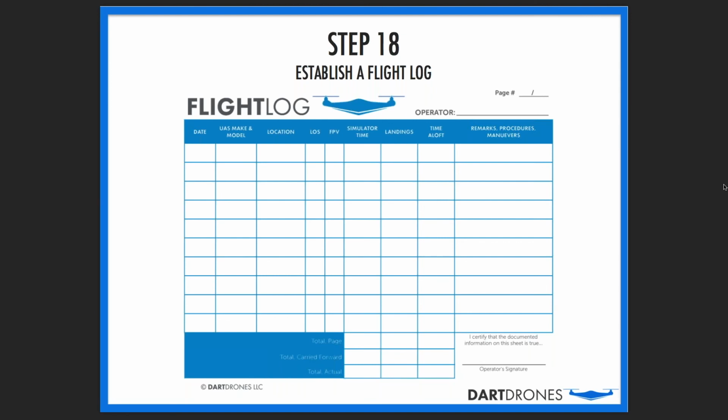Was it a daylight operation? Was it for training? Because you really want to have a log of what pilot has done what. And we're seeing this in the UAS industry in general, that we're now seeing companies that are hiring UAS pilots, but they want to have some form of proof that the pilot does have certain levels of experience. So document, as with anything.